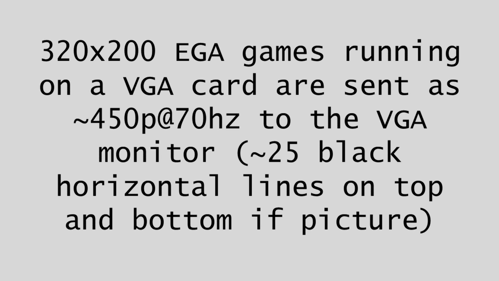When those 320 by 200 EGA games were running on a VGA card, that card actually sent a 450p at 70 hertz signal to the VGA monitor. So while we still got those same black bars on the top and bottom, maybe a few more as a byproduct of the resolution being sent, it ran the game at a different refresh rate, or different frame rate.